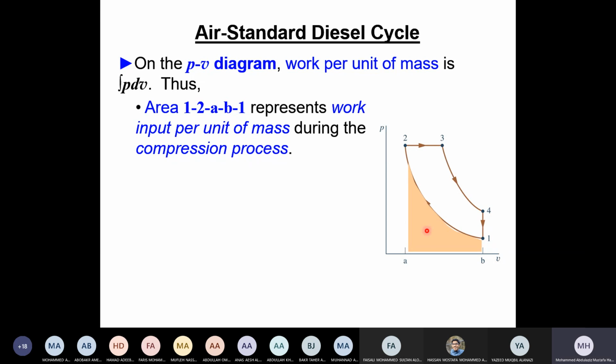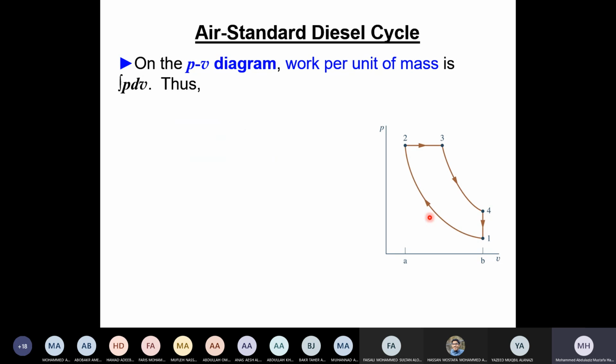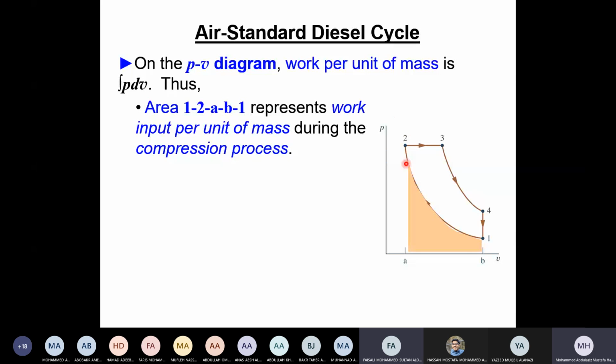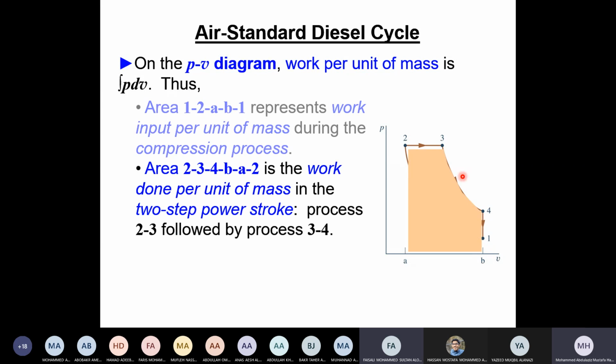How much percent is it of this area? 40, 30, something like that. Let me look at this again. This is the area under this curve, and this is the area under this curve. What is the ratio here? If I divide this area by this area, what's the value?